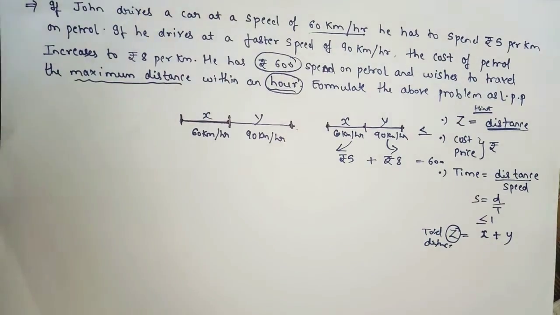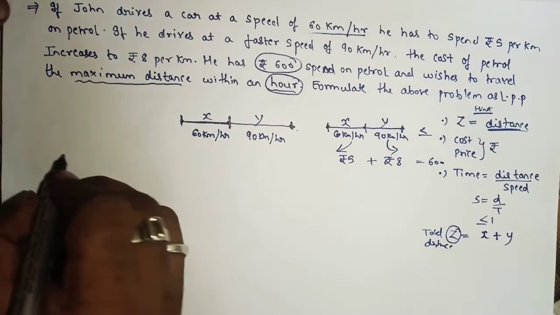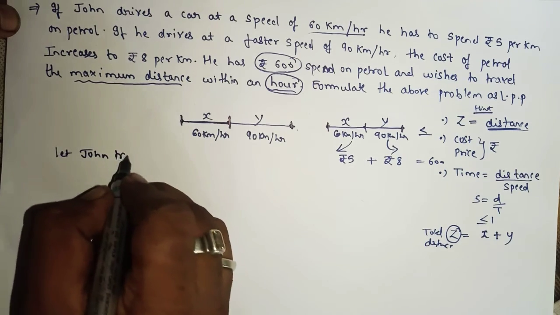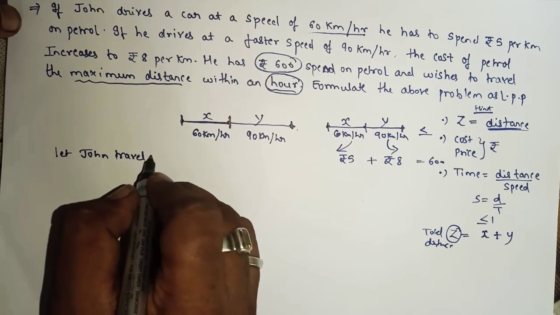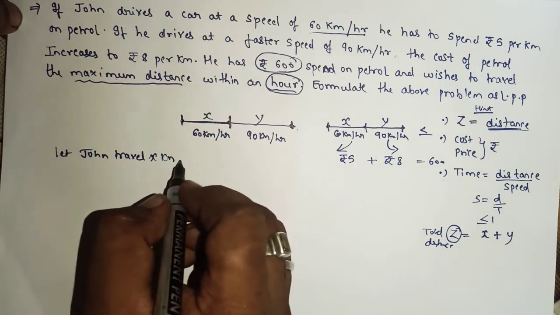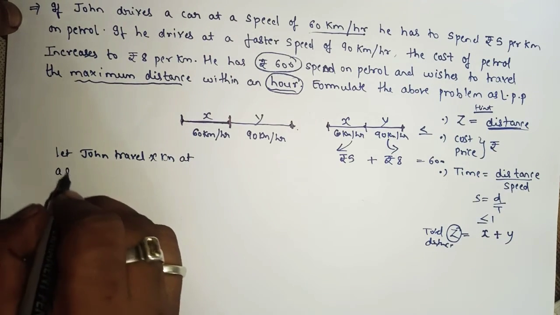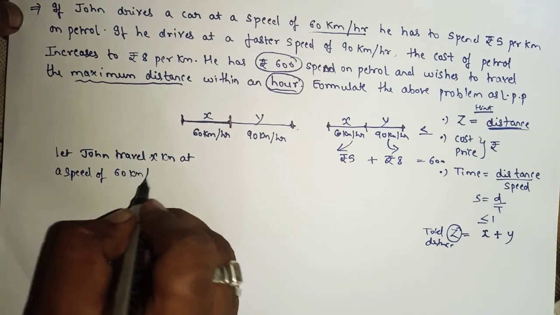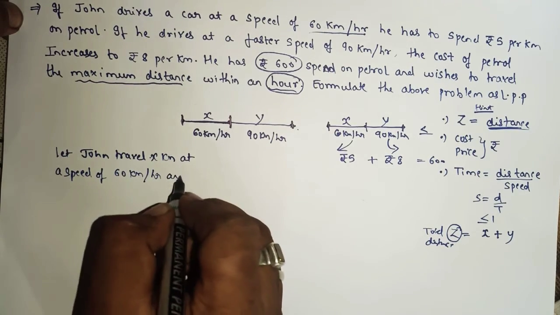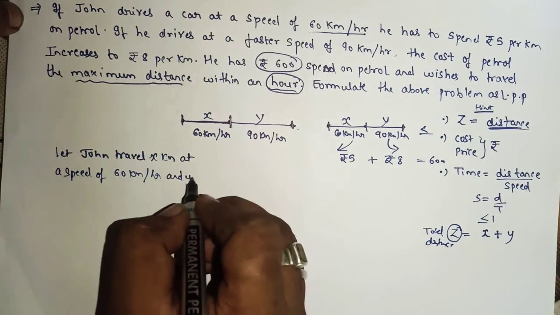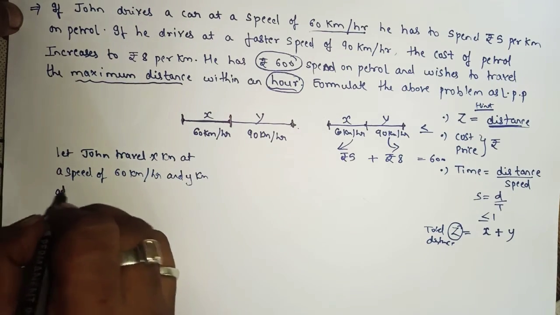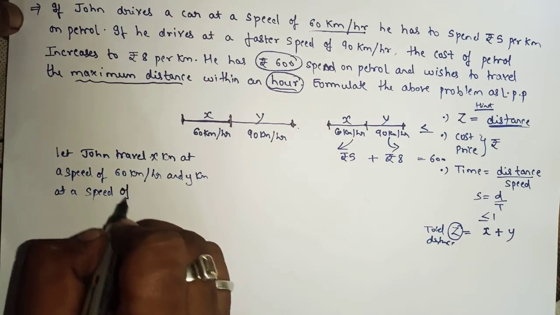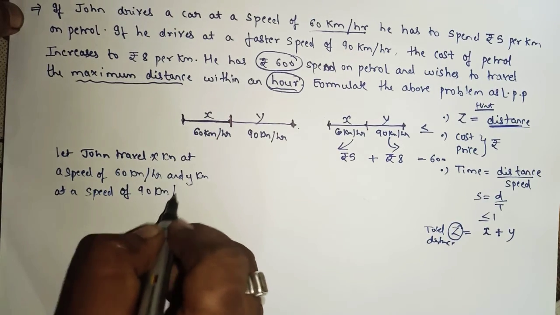Okay, so here we'll write what? Let John travel x kilometer at a speed of 60 kilometer per hour and y kilometer at a speed of 90 kilometer per hour.